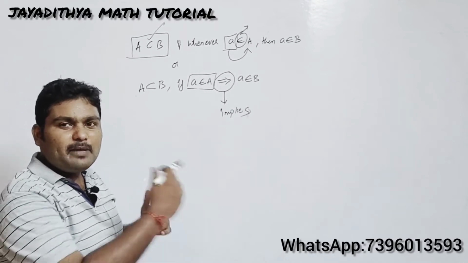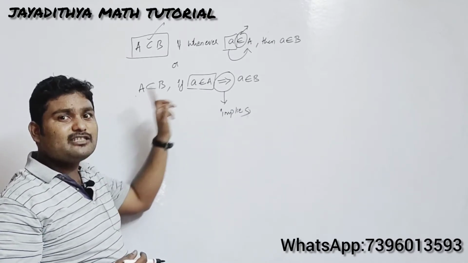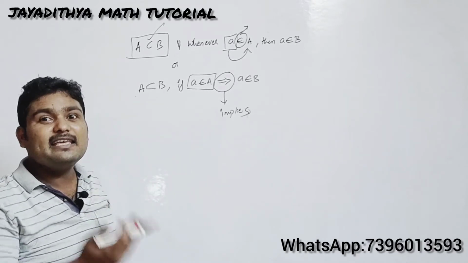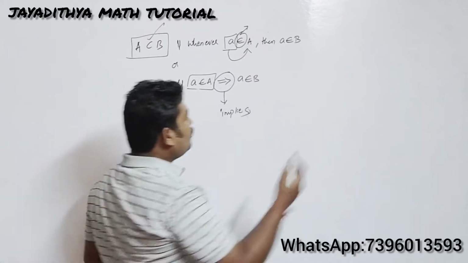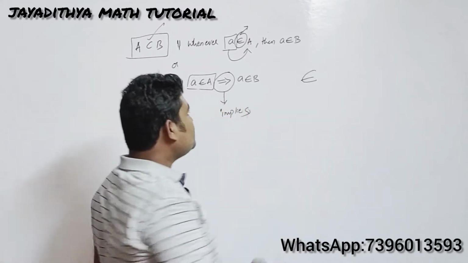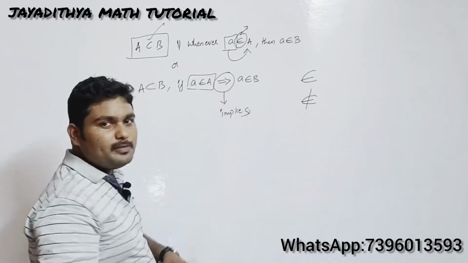If each and every element of set A is not present in B, then what can we say here? We can say that A is not a subset. You know how to represent belongs to, and for does not belong to we write the symbol and strike it off. Here also you will do the same thing.